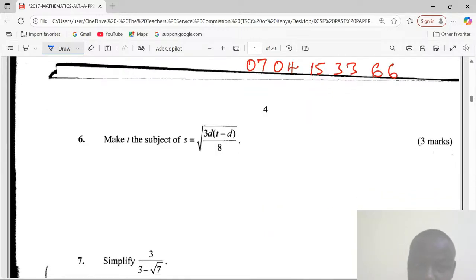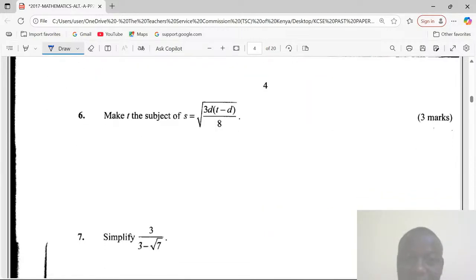The subject of a formula. Look at number 6. Make T the subject of the formula given: S equals the square root of 3D into T minus D, divided by 8. So we are supposed to make T the subject.